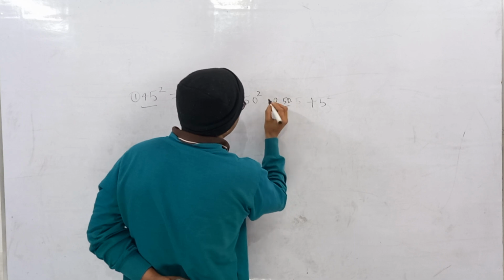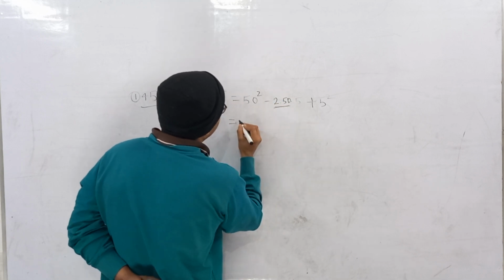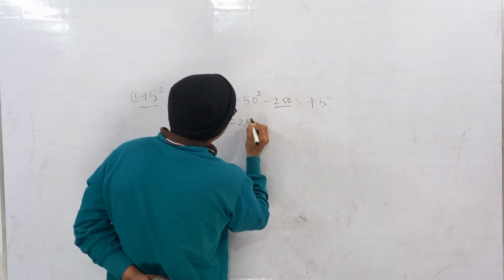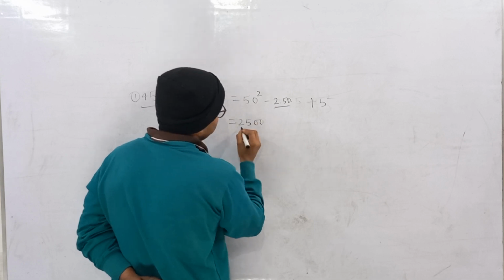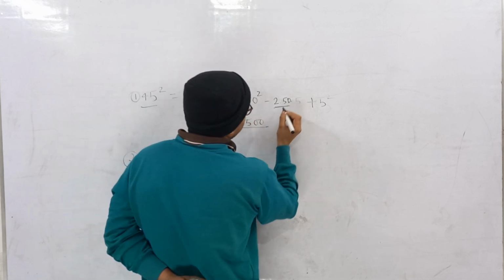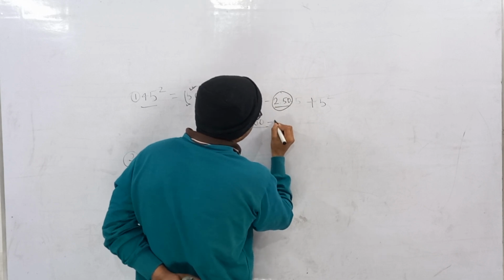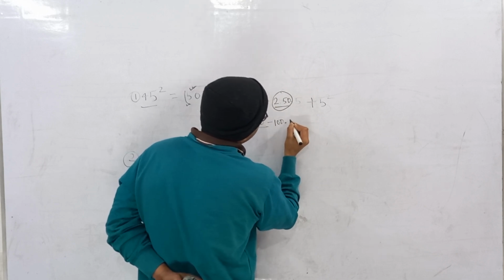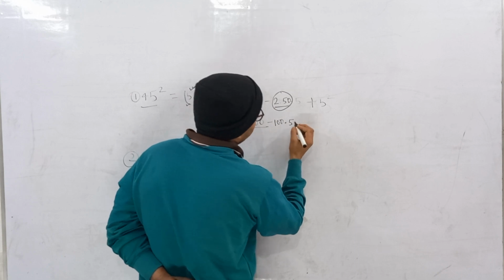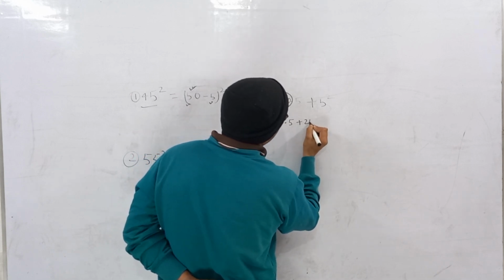Sorry, this one should be minus. So you get 2500, and 2 into 50 is always 100, times 5, plus 25.